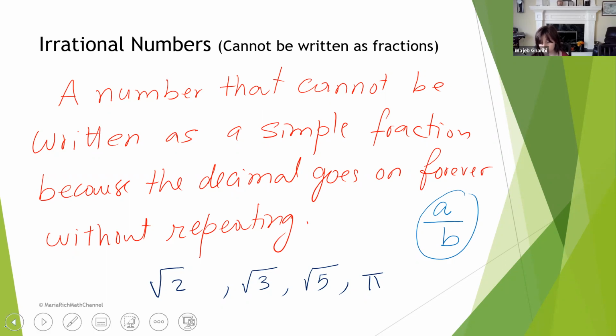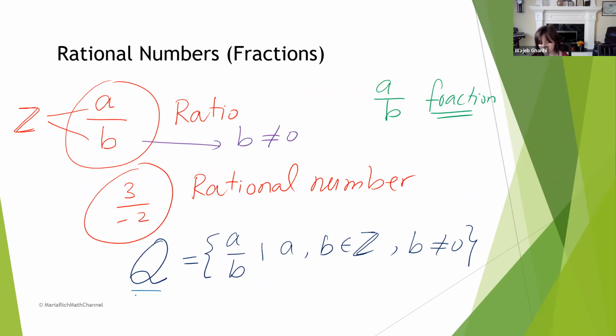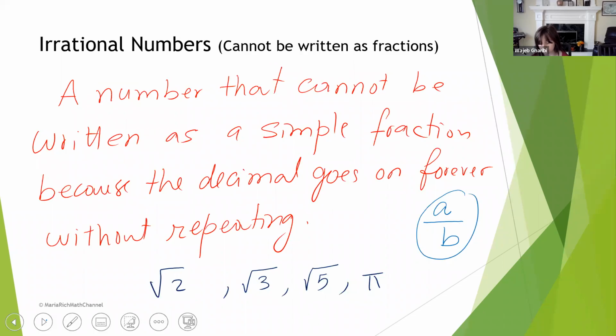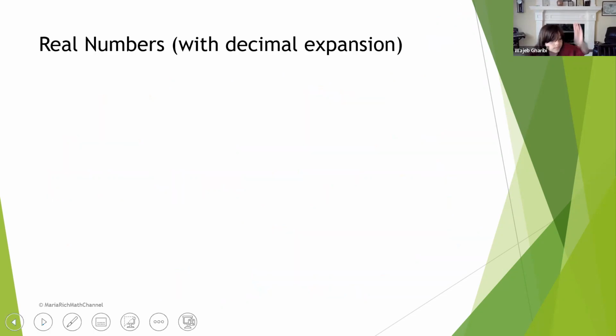If we denote the rational numbers by q, the irrational numbers are denoted q dash, the complement of q.